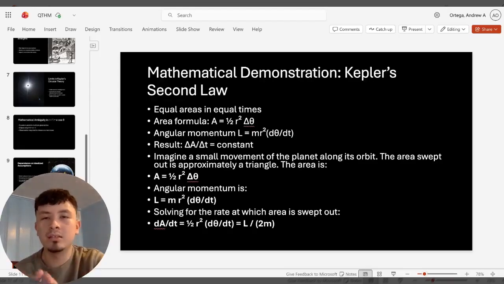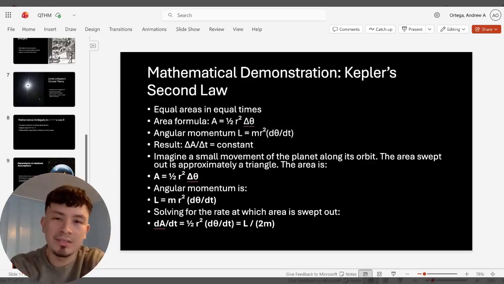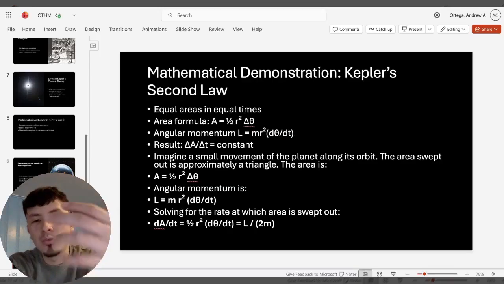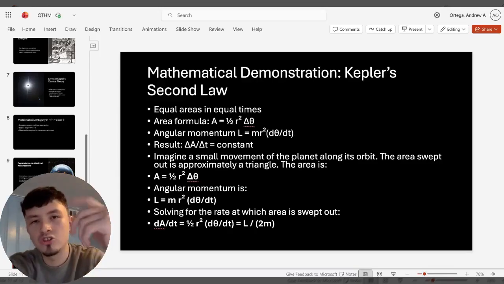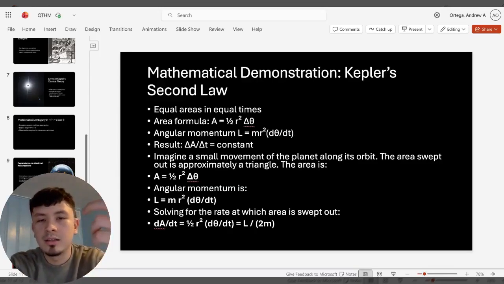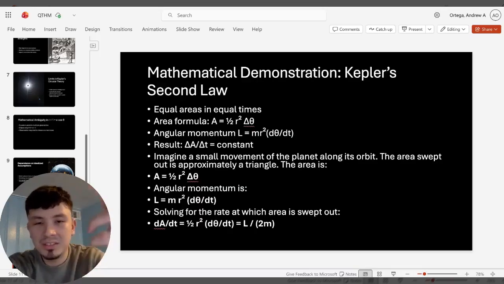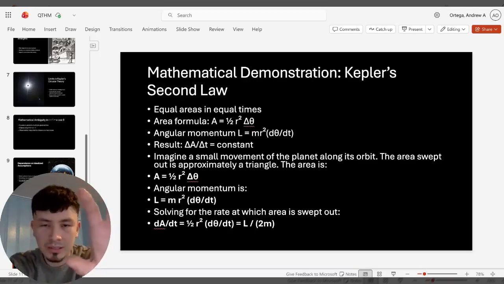The area is A equals 1/2 r squared delta theta, and the angular momentum is L equals m r squared. I'll put that separate so we can identify it.